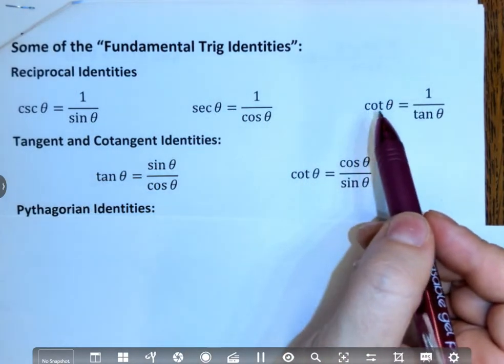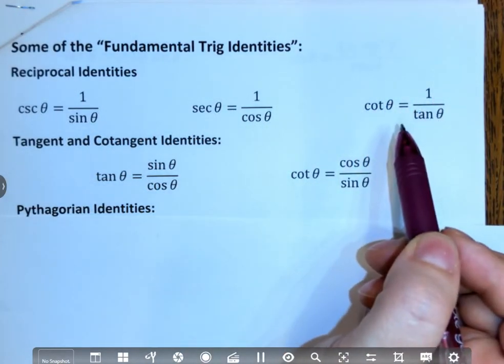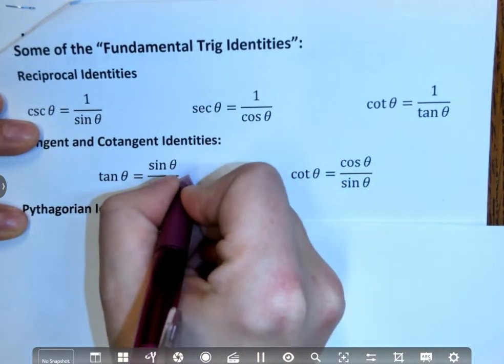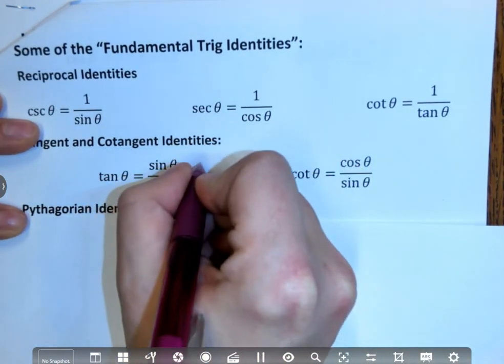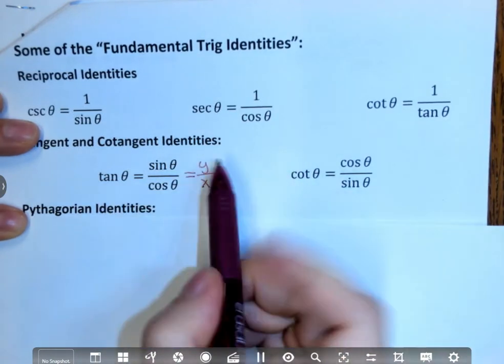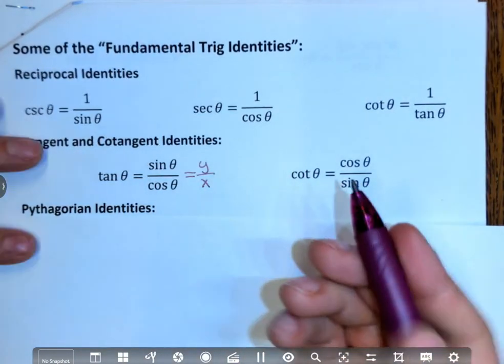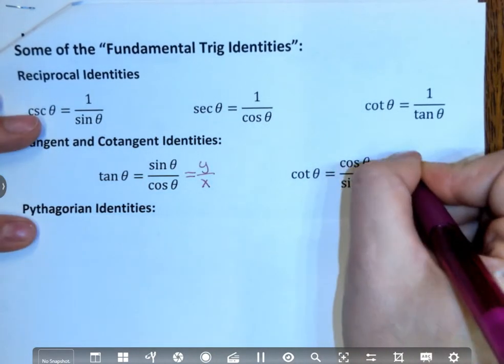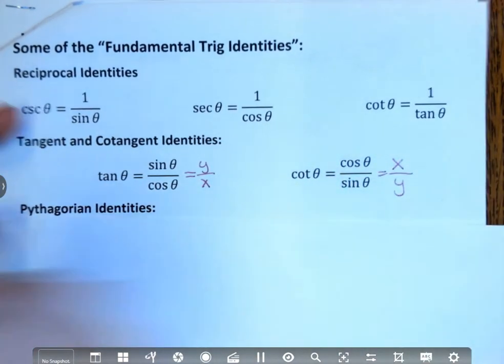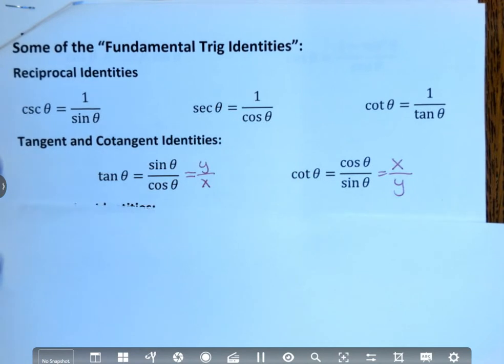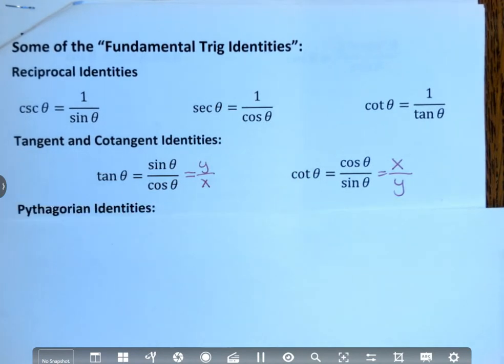And cotangent is the reciprocal of tangent. We also knew that tangent was y over x, and since y is sine and x is cosine, it's sine over cosine. Same thing, cotangent is x over y, so cosine over sine. So go ahead and write those guys down for me.